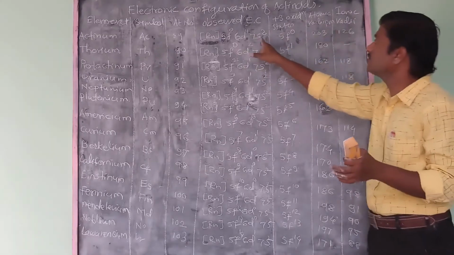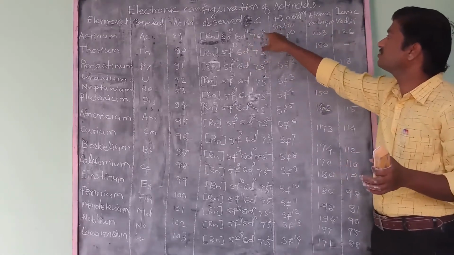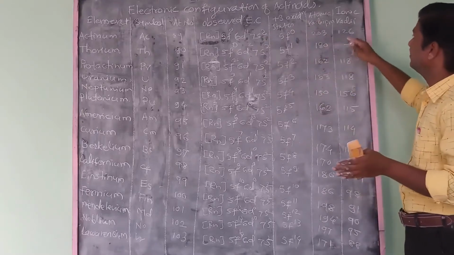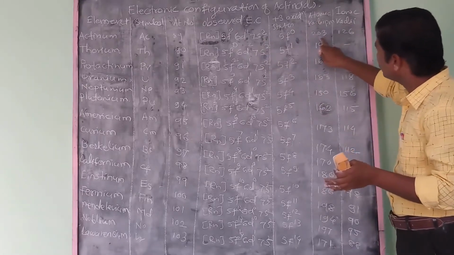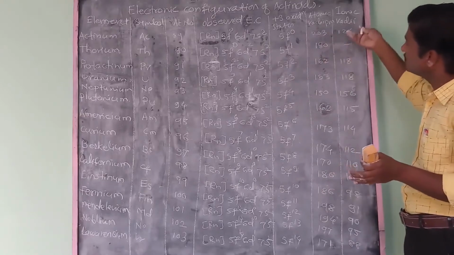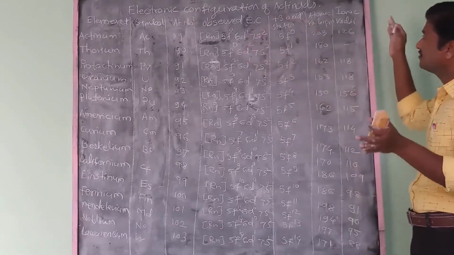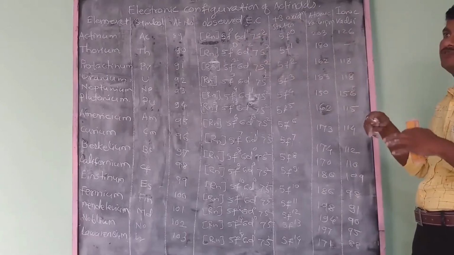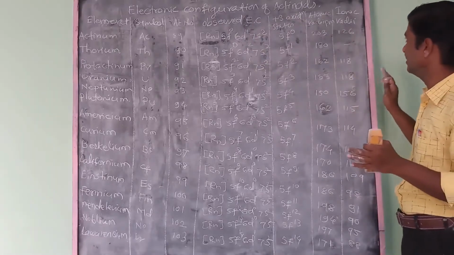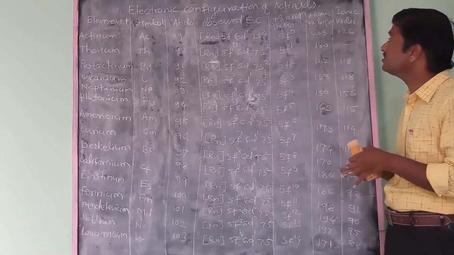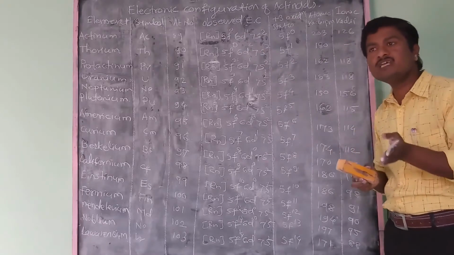As the electrons are removed, the size goes on decreasing. The atomic size is 203, but after losing these 2 and 1 electrons, the outer orbit is removed, and that's why the size decreases. Atomic size means the distance between the nucleus and the valence shell.